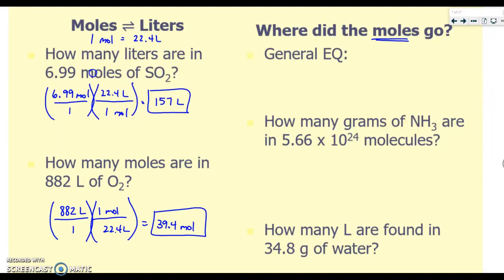The general equation for these is this: your given number over 1, and then it's 1 mole over x, and then y over 1 mole. The x and the y are either molar mass, 22.4, or 6.02 times 10 to the 23rd. We'll explore this more in our next video.